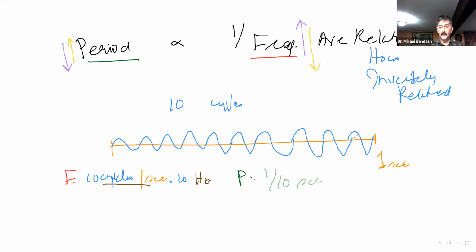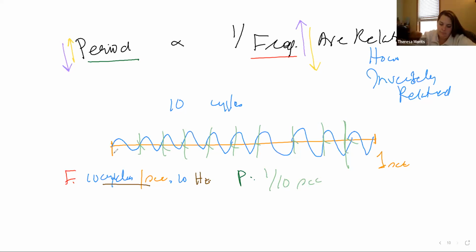Because each cycle is going to evenly divide this 1 second here. 1/10 of this second is when it should be completed. Did you guys get that?